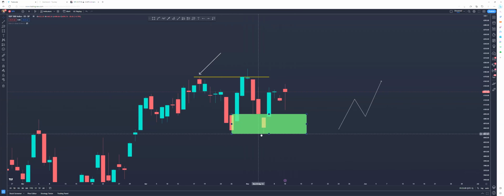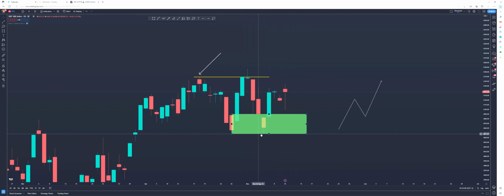Okay, so let's do another one. This is an example of where we don't have the retest just yet.